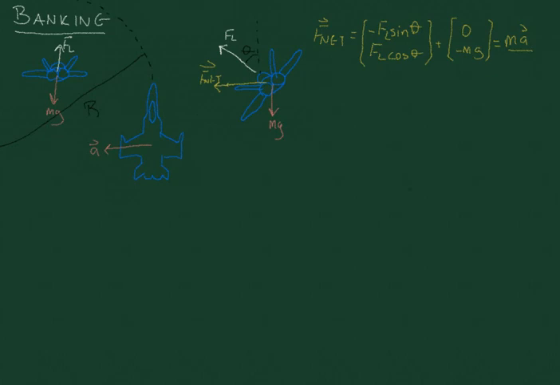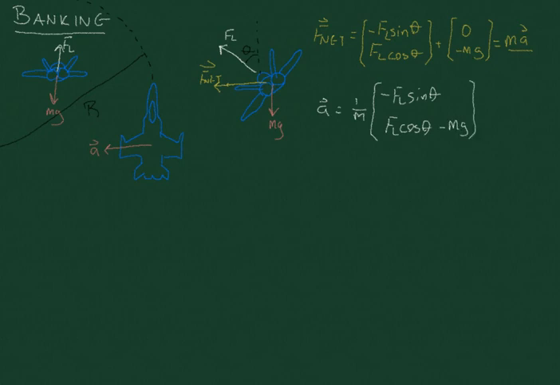So we see that our acceleration can just be written as a equals 1 over m times minus the lift force times sine theta in the x direction, and the lift times cosine theta minus mg in the y direction.